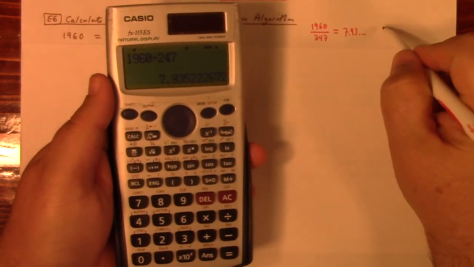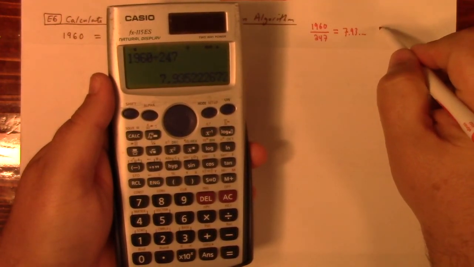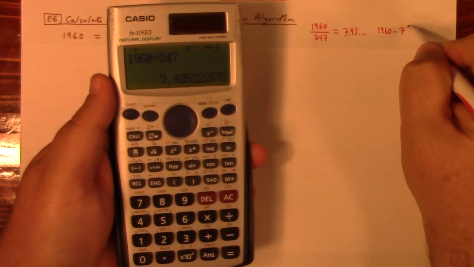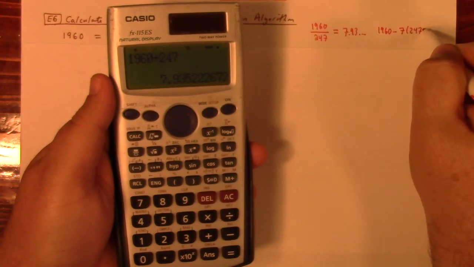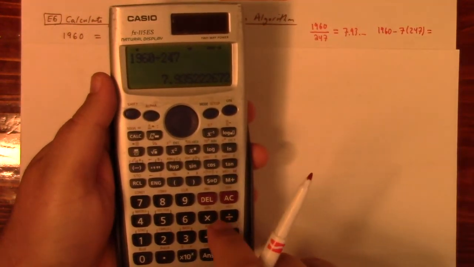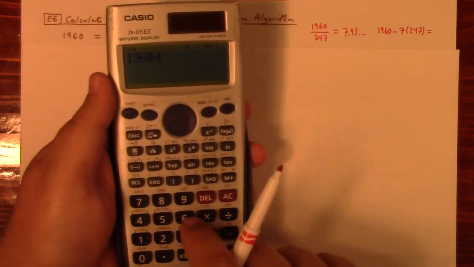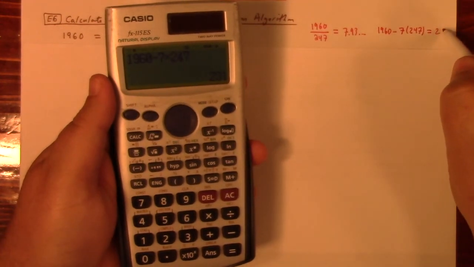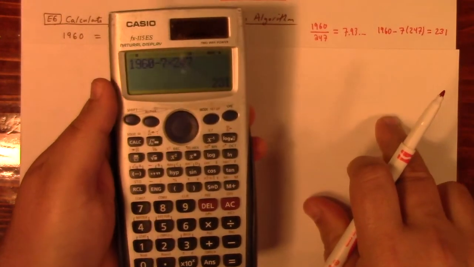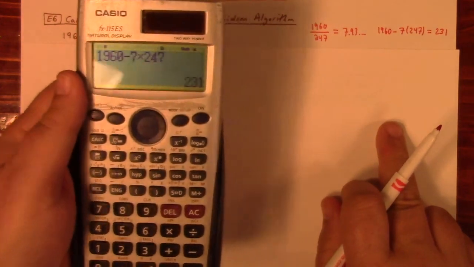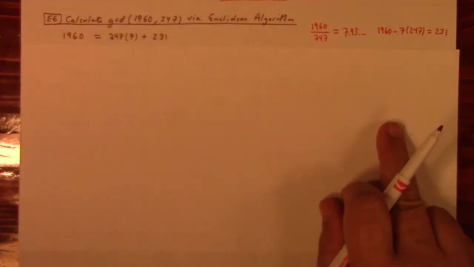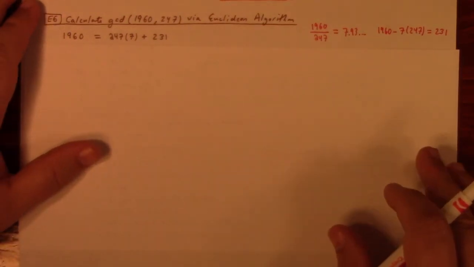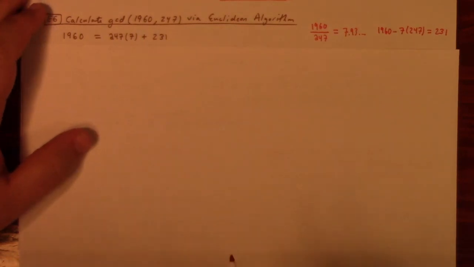So that means I should take 1960 minus 7 times 247, and that will tell me the remainder. 1960 minus 7 times 247 is 231. That is an explicit calculator-based way. If all you have to work with is a scientific calculator, you can figure out quotients and remainders like that.